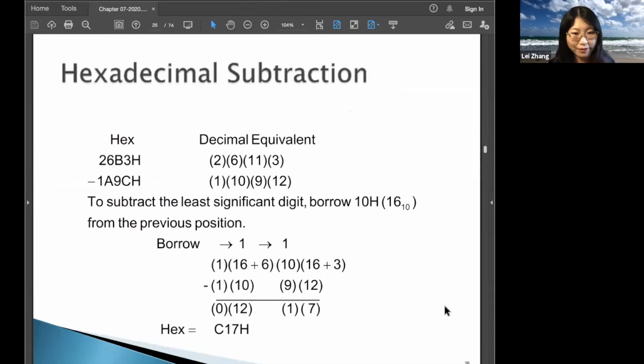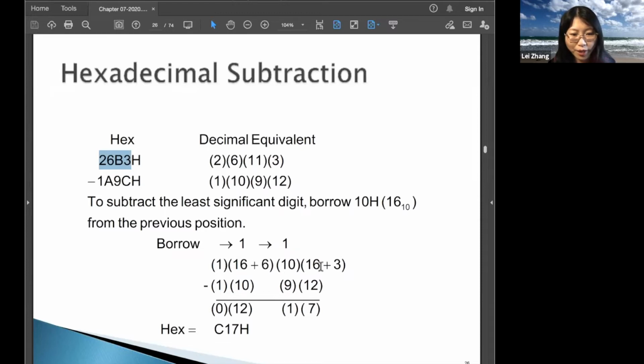Hexadecimal subtraction is similar. Instead of a carry bit, we have a borrow bit. Let's have a look at this example. I won't go through the digit-by-digit conversion. We just take it from this converted value and put it in this subtraction.